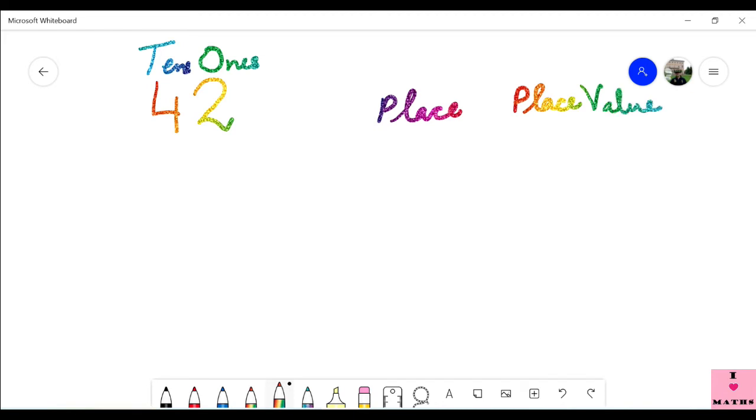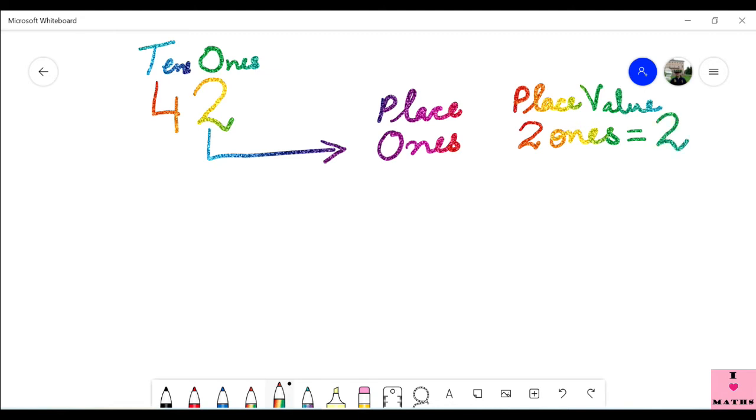Place value is the value of the digit. Now, the place of 2 is ones and the place value of 2 is 2 ones, or it is equal to just 2.